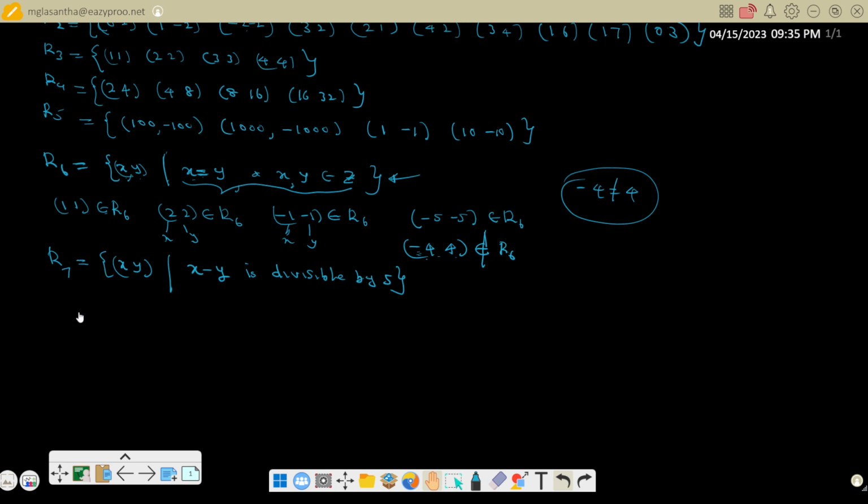Then R7 includes, tell me a few elements. (5, 0)? Yes, good. (5, 0) belongs to R7. Tell me another element which belongs to R7.